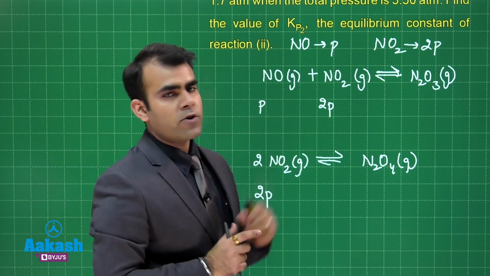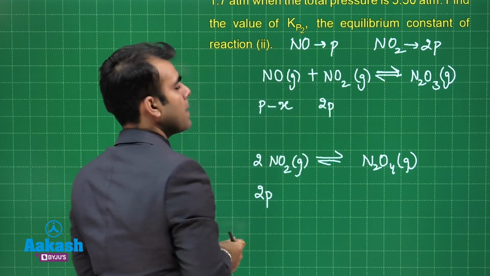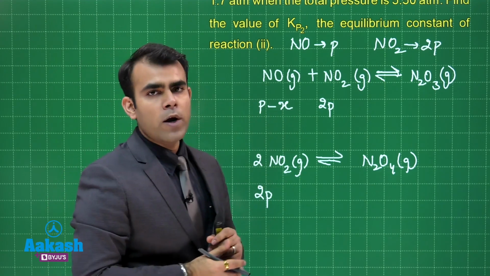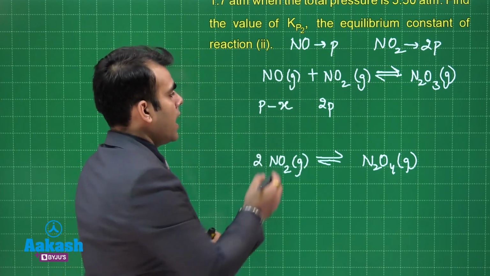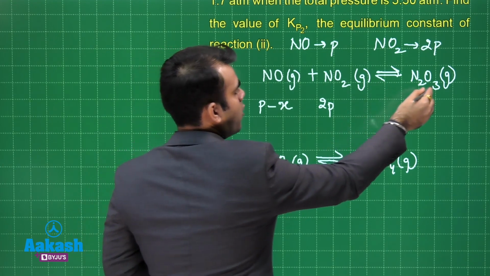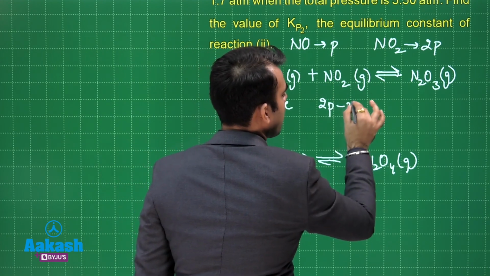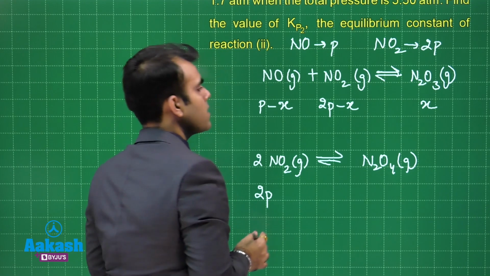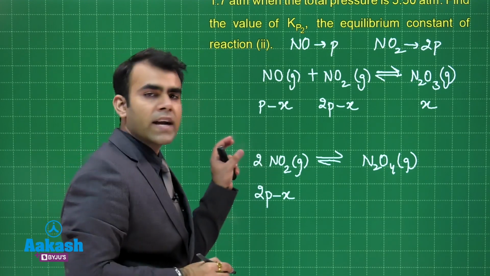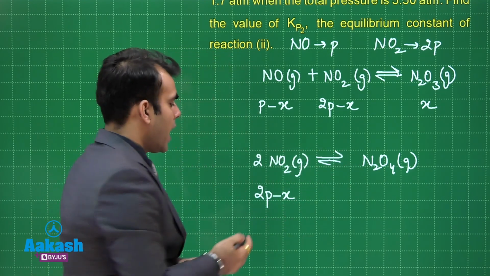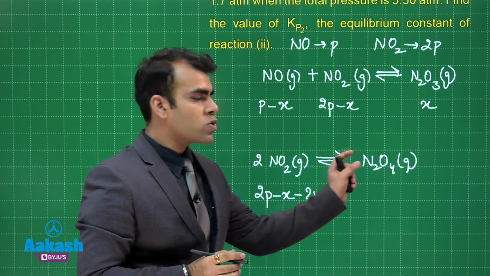Now here for this equilibrium, if I say that NO reacts with NO2 and X amount of it has been converted into N2O3, so the pressure decrease by this reaction, let's say, is X. If the pressure decrease of NO for the formation of N2O3 is X, then similarly the pressure decrease from NO2 is also X, and the amount of N2O3 formed is also X. So here we have to write X. Similarly, NO2 dimerizes and forms N2O4, and for this let's say 2Y amount has been dimerized to form N2O4.